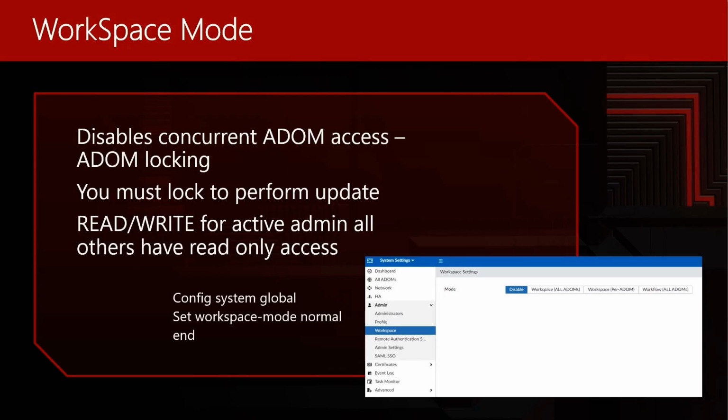If I'm logged in performing updates, and I started at 7 a.m., and you come in at 8, and I'm still logged in performing updates, you can log in and see everything that's going on, but you can't change anything. That stops the ability of anybody making changes and overwriting your work.